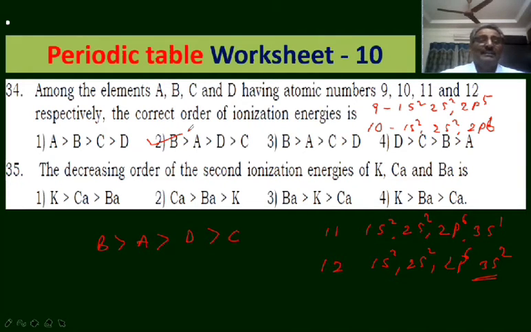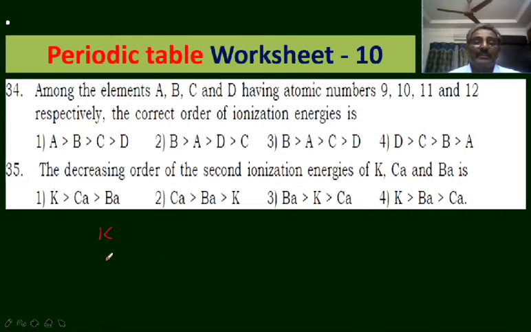Next, the decreasing order of second ionization energies of potassium, calcium, barium is. Atomic number of potassium is 19. Electronic configuration is 1s2, 2s2, 2p6, 3s2, 3p6, 4s1.